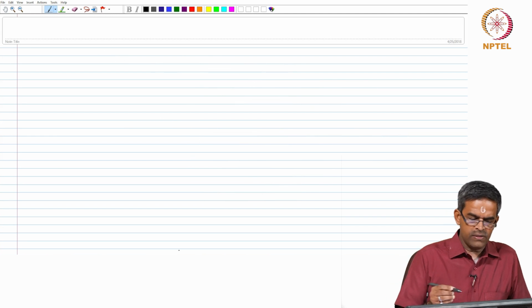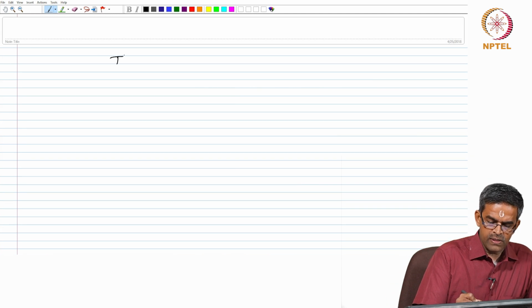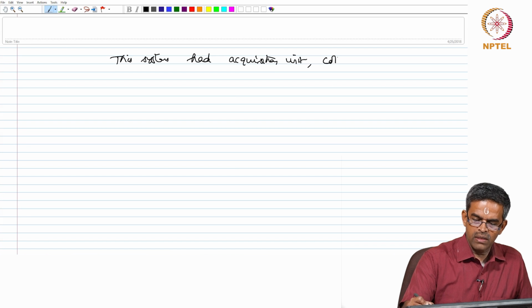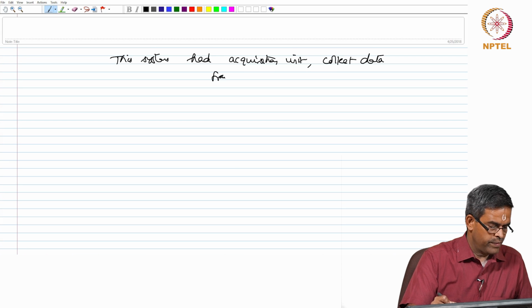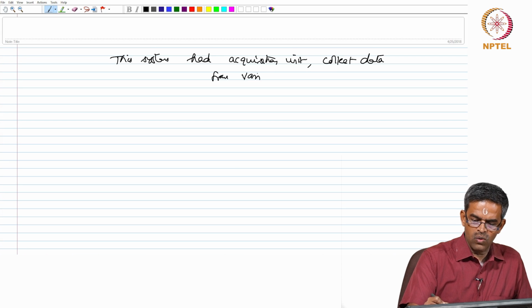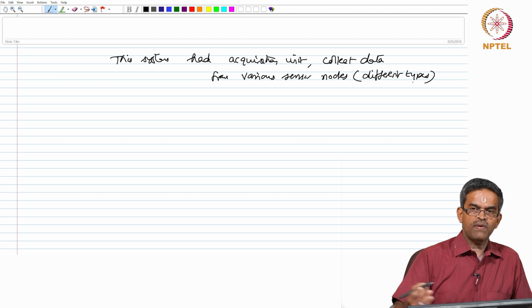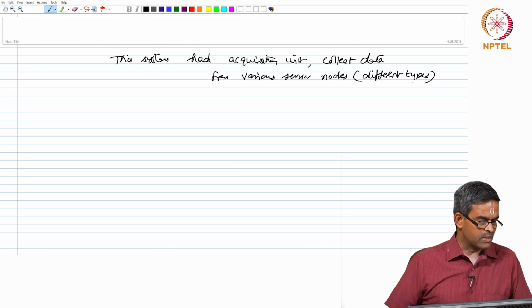There are advantages of the system. This integrated system has an acquisition unit that can collect data from various sensor nodes of even different types. There are different types of sensors, we already saw them in the last lecture.